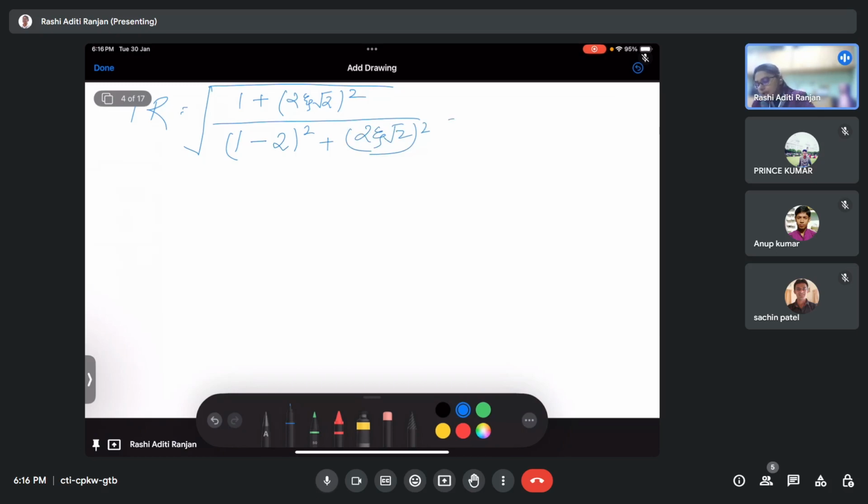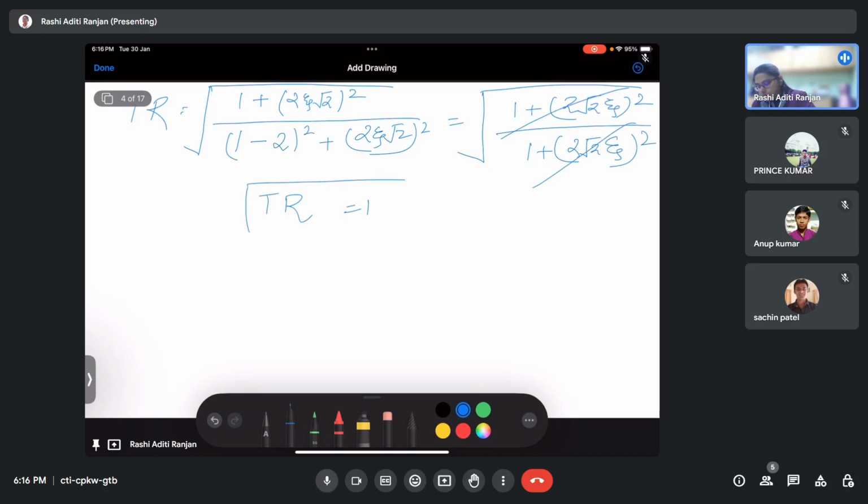So then what will this become? Under root of 1 plus twice of under root 2 epsilon square, divided by 1 plus twice of under root 2 epsilon square, which will come out to be 1.